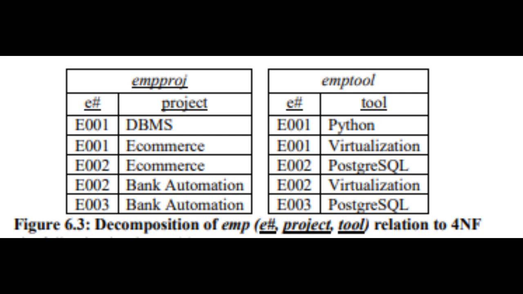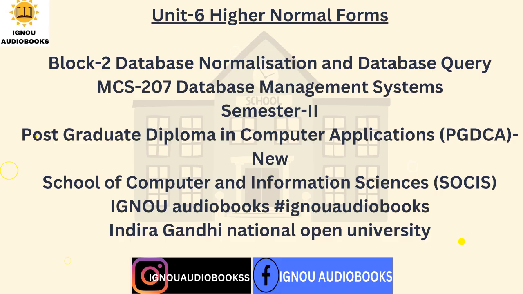If a relation has more than one multivalued attribute, you should decompose it into the fourth normal form using the following rules of decomposition for a relation R(X, Y, Z). If it contains two non-trivial MVDs X ↠ Y and X ↠ Z, then decompose the relation into R1(X, Y) and R2(X, Z).